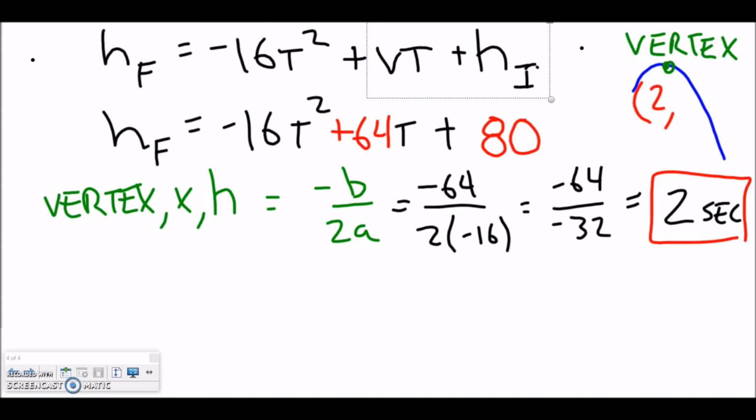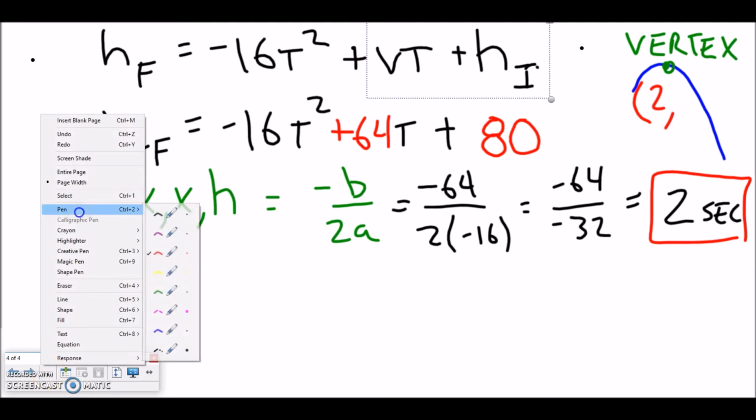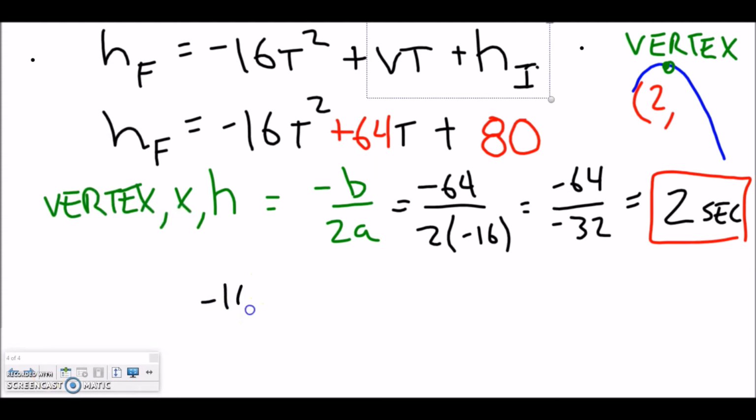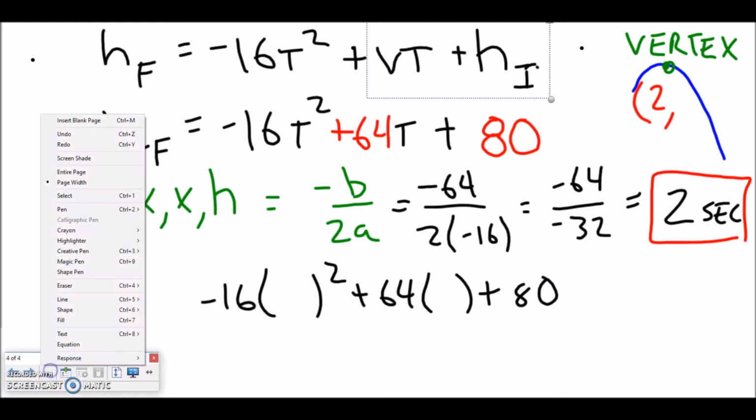Now we need to find out the height. And how would we do that? Or how did we actually do that in the last section? Once we found the x coordinate, or the letter h, we plug that in. So let's take negative 16 t squared plus 64 t plus 80, and we'll substitute in the 2 that we just found.